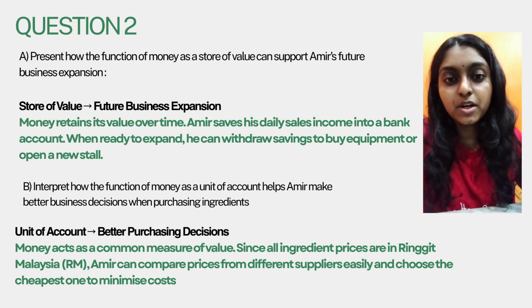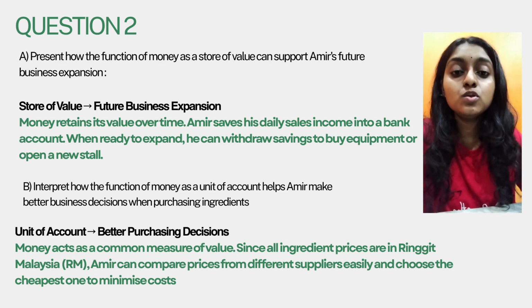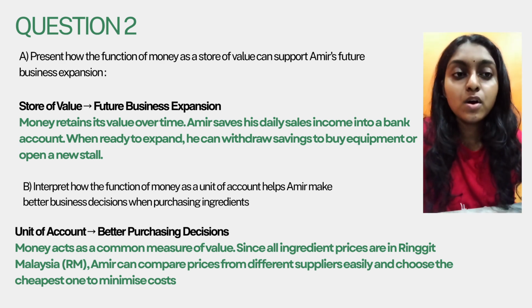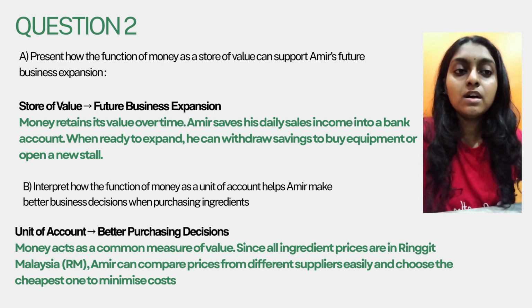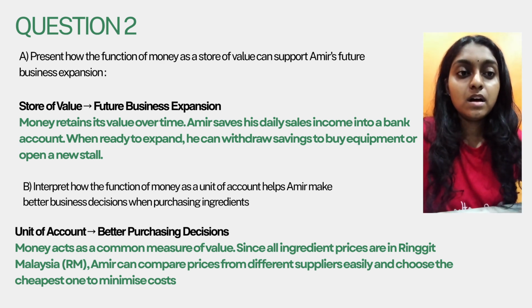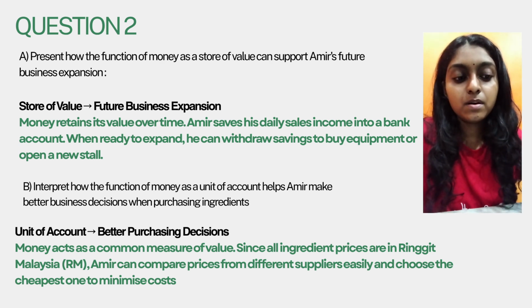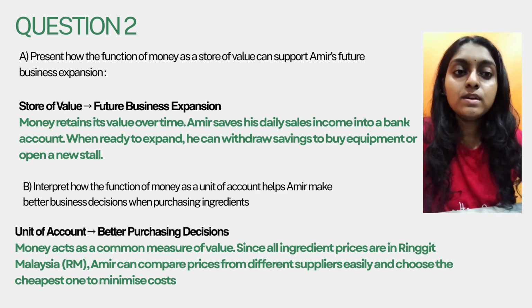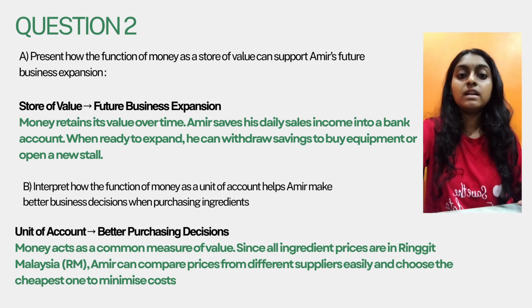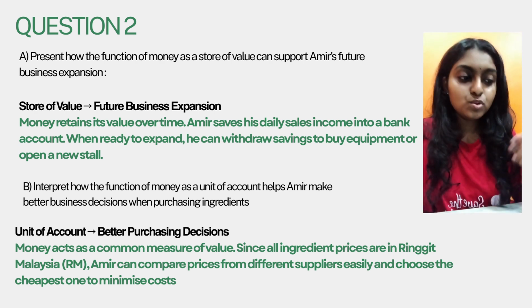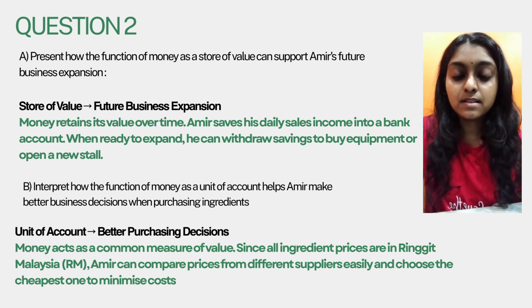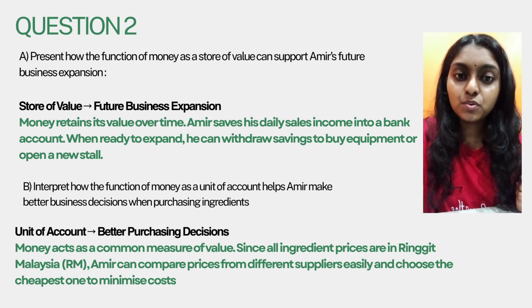He doesn't want to spend that much money, so he chose supplier A. He can choose which supplier sells the ingredients at the cheapest amount. He can also make a smarter buying decision by choosing a cheaper supplier. He can save his money too.